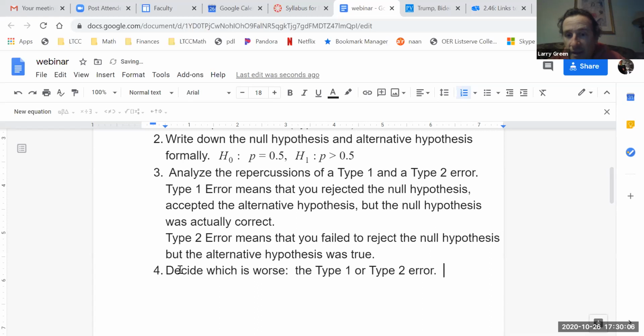Okay. And now there's going to be 3 possibilities. First, if type 1 is worse, and in our class this is what we're going to do. It's a little more complicated in advanced statistics, but for elementary stats, we can get away with this: we're going to use a level of significance.